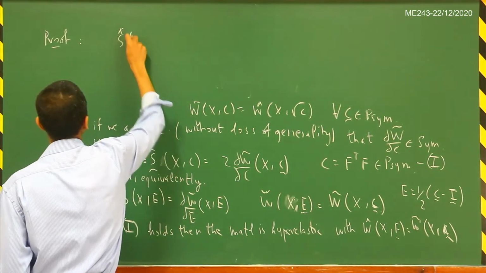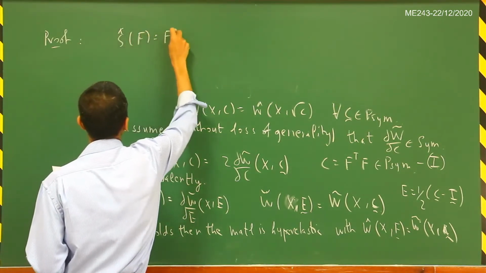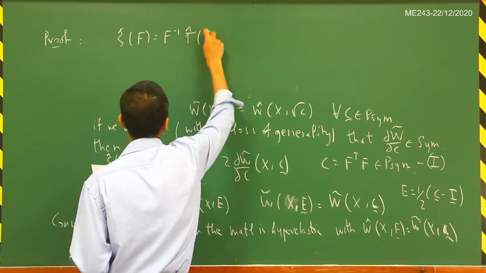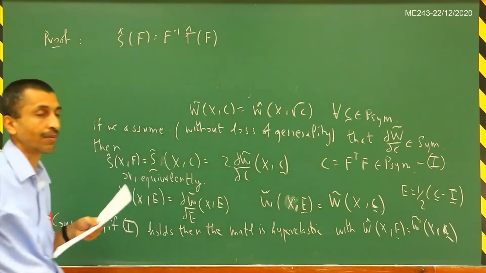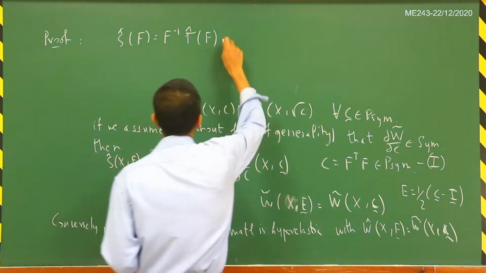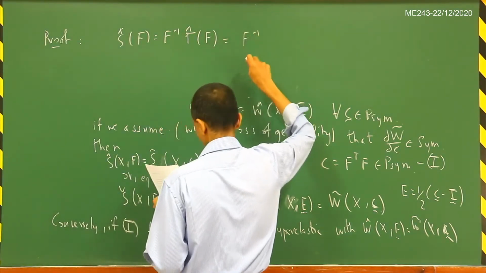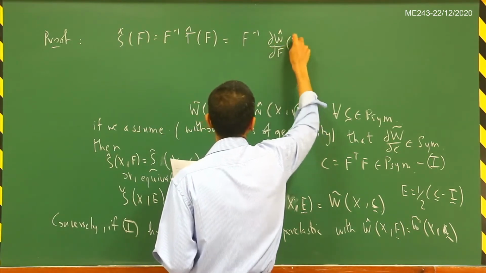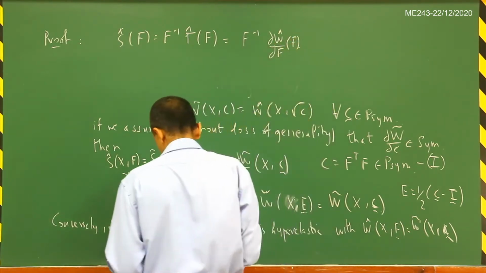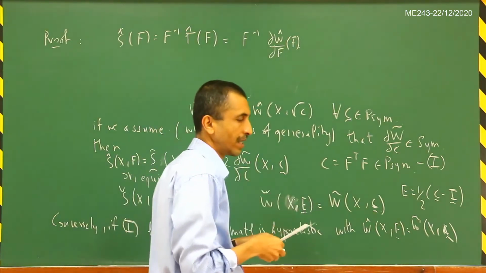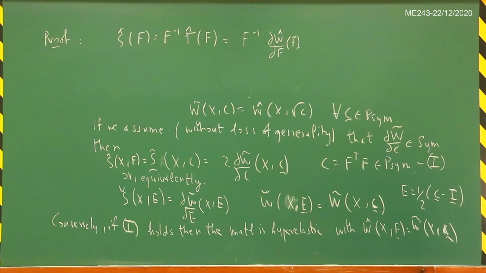So let us write S hat of F is equal to F inverse times T hat of F. This is just the relation between the second and the first Piola-Kirchhoff stress, and so this is equal to F inverse times del W hat by del F of F. And then now we try to write this in terms of the gradient with respect to C. So that is what we will try to do next.